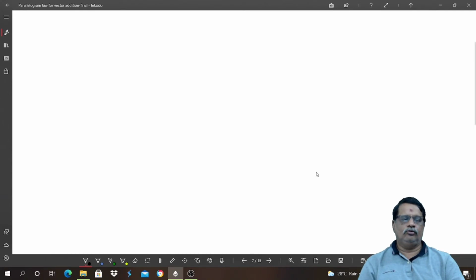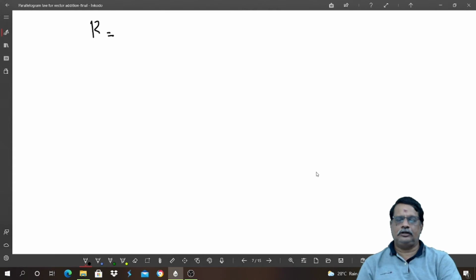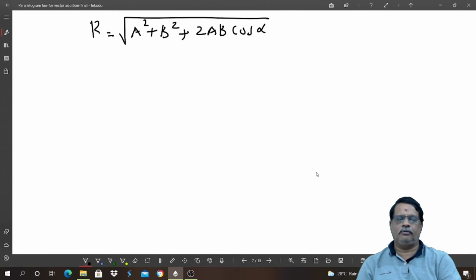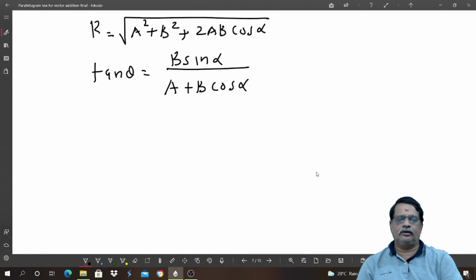We have the resultant R equal to the root of A square plus B square plus 2AB cos alpha, and tan theta equal to B sin alpha divided by A plus B cos alpha. So that is our direction of the resultant.